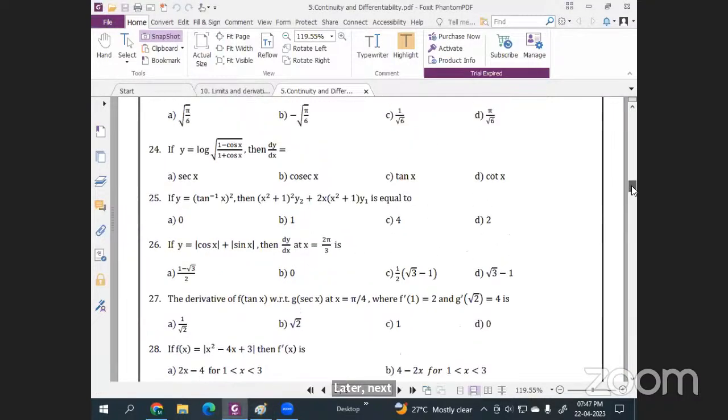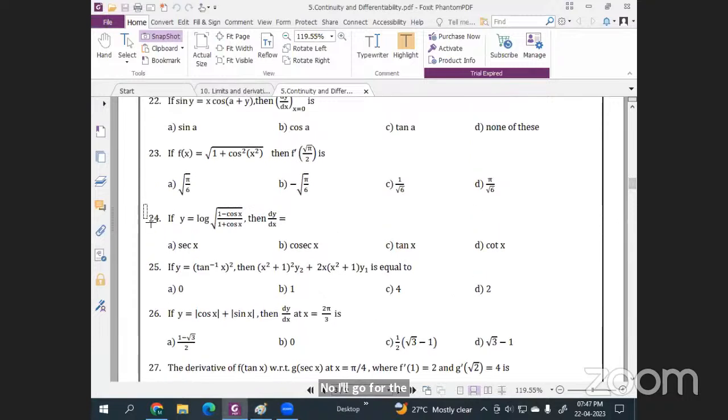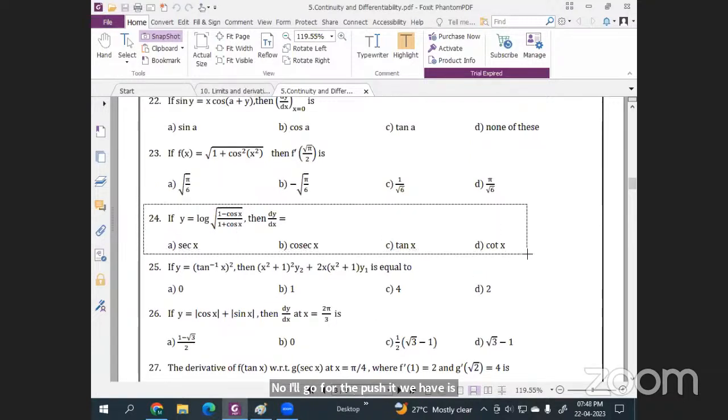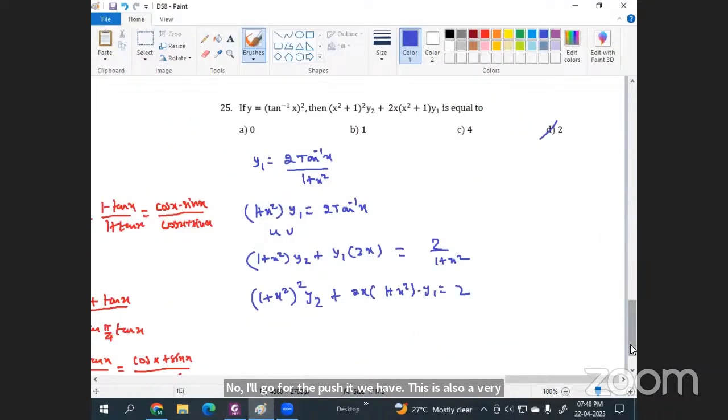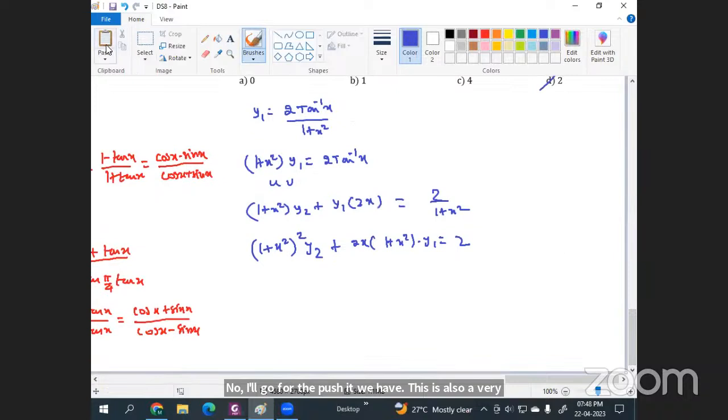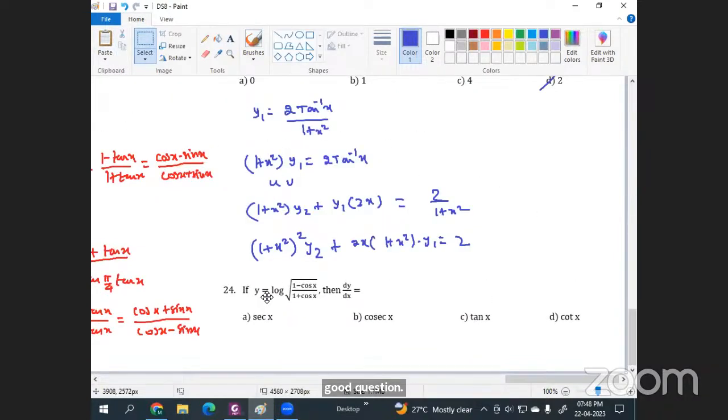Now I'll go for the next question. This is also a very good question. Try this question. Y equal to log of root of 1 minus cos x by 1 plus cos x. Then dy by dx equal to what?